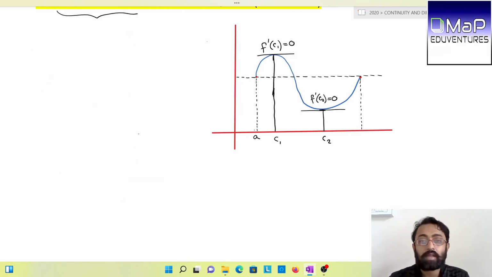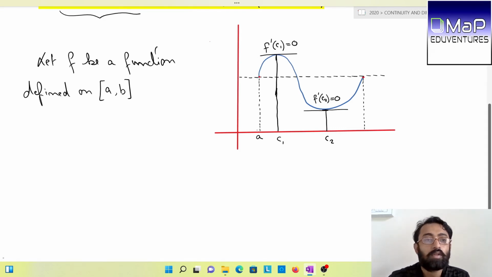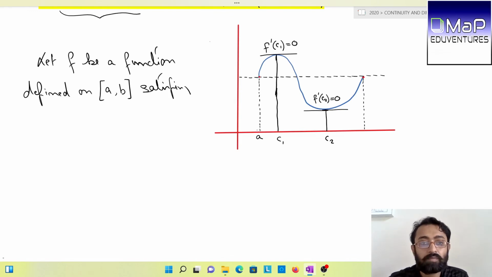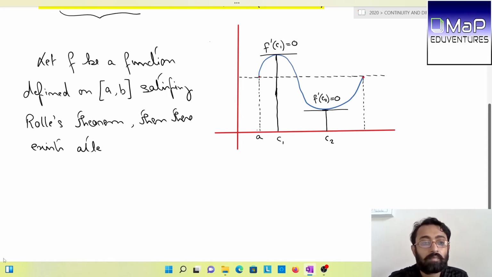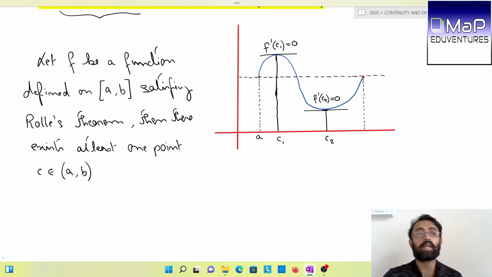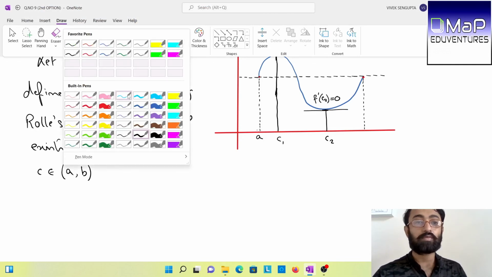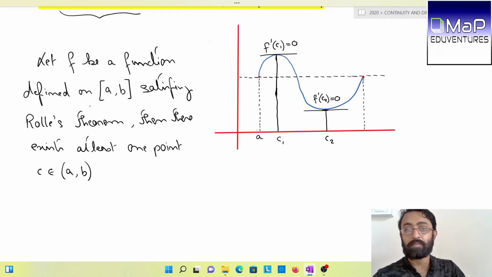All right, now let us analyze this diagram and write the statement. So let f be a function defined on closed interval a comma b satisfying Rolle's theorem. Then there exists at least one point c in open interval a comma b. Look at the graph. Now this function satisfies Rolle's theorem.